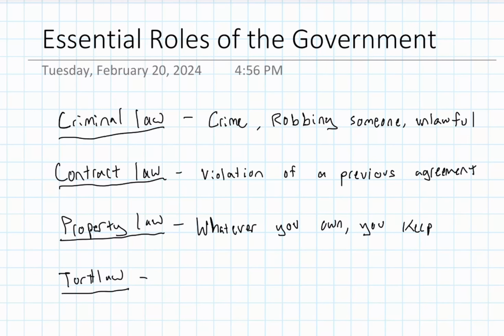So if I own a farm and I grow corn, doing things on that property will make sure that I keep the corn, if that makes sense. So if I grow the corn, because it's on my property, that corn is mine. People can't just come in and take the corn from me, if that makes sense.